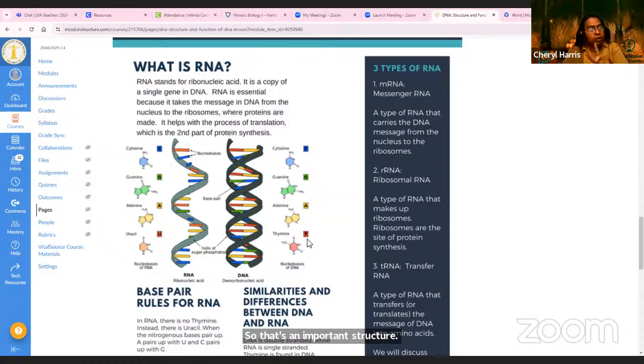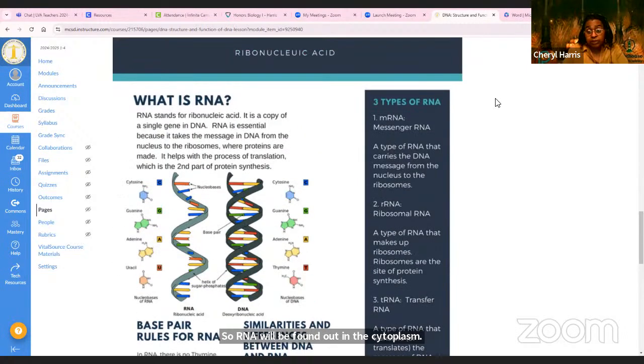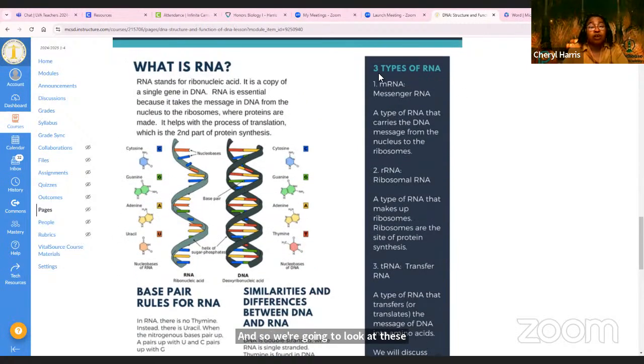And again, RNA can leave the nucleus. DNA never leaves the nucleus. So RNA will be found out in the cytoplasm. We're going to look at this list over here on the side. There are 3 types.